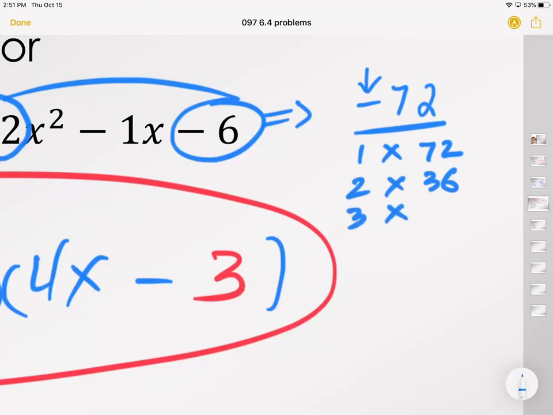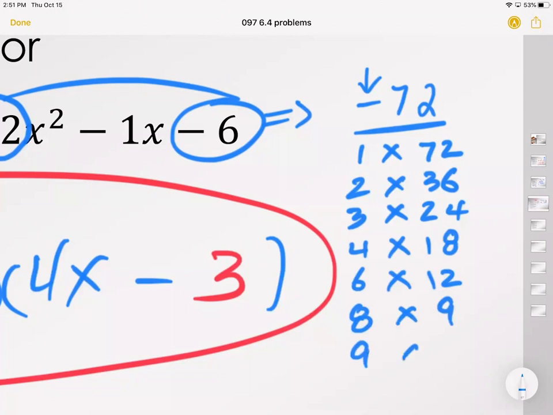3 times 24. And you probably do 4 times 18. 5 doesn't go into it. 6 times 12. 7 doesn't go into this. You get 8 times 9, and the next number is 9 times 8.